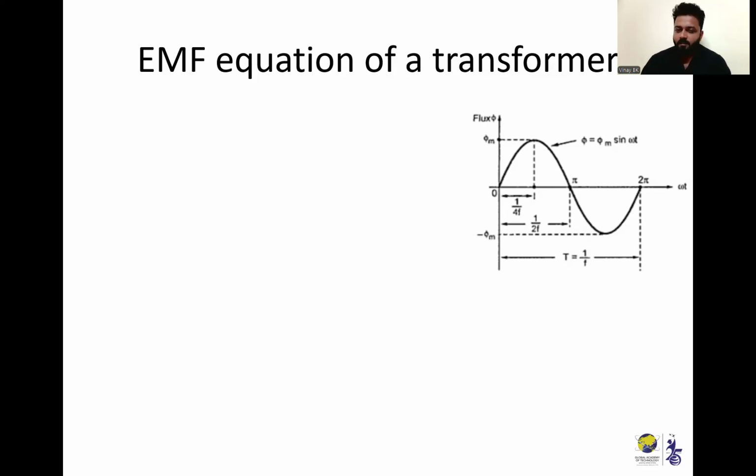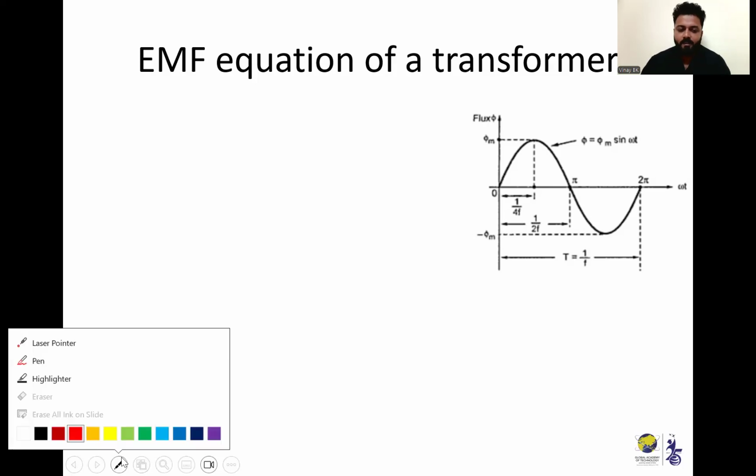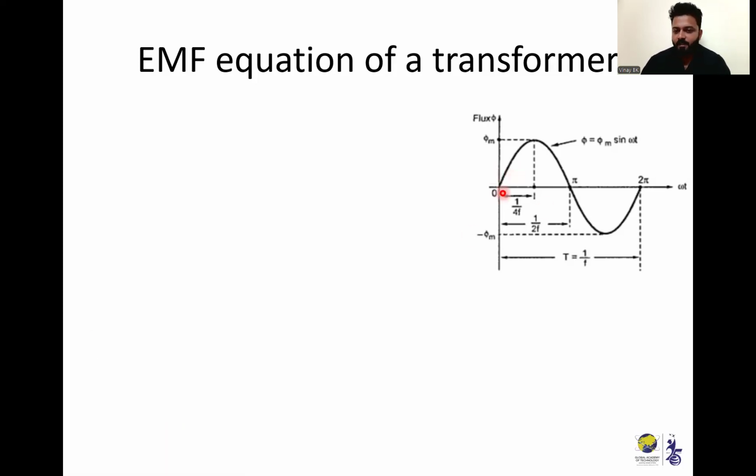Similarly, the y-axis represents flux, and the flux starts from the initial value, that is minimum, and it takes 1 by 4 of the time period to reach the maximum value of flux. The flux will be maximum at the time T by 4, that is one quarter of the time period, which is nothing but 1 by 4f.